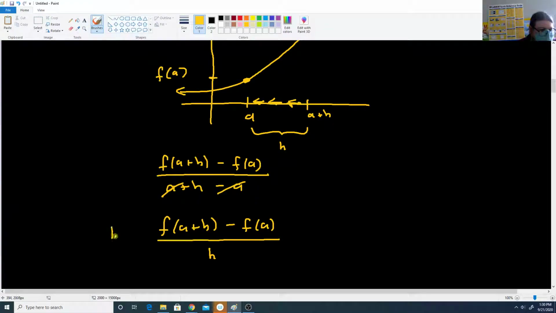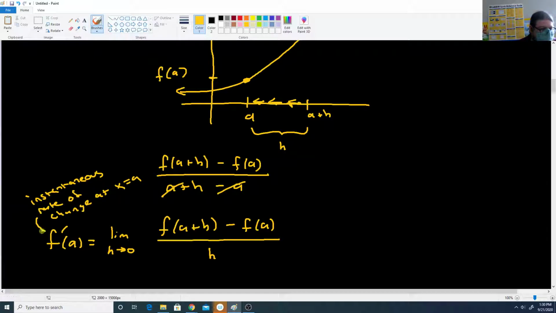So we'll put the limit as h approaches 0 out front of this, and then this is another way of calculating the instantaneous rate of change at a, which is also the slope of the tangent line at a.